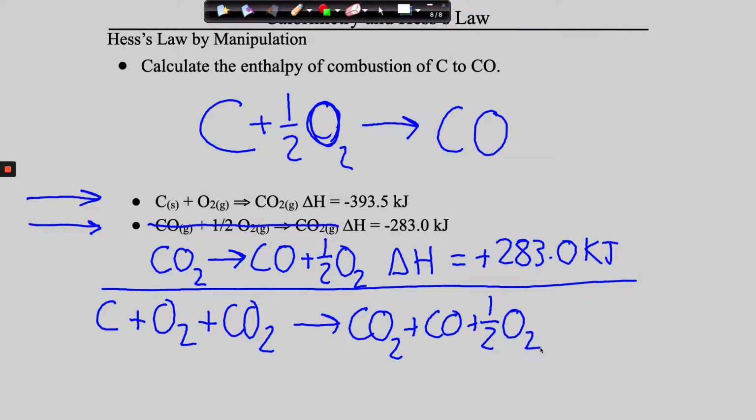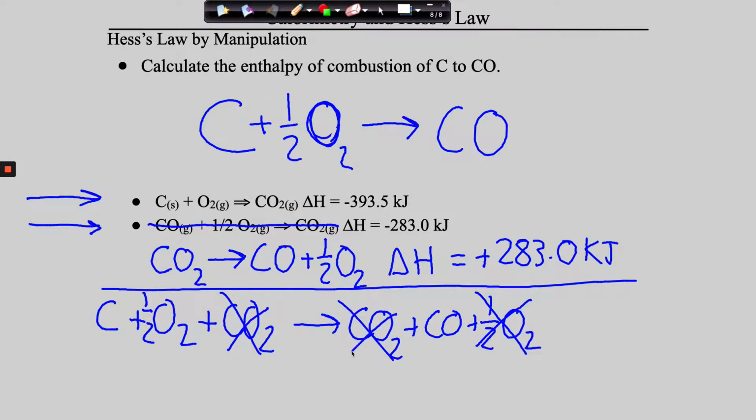All right, now guys, do you see the magic? Let's start canceling stuff out. We've got a whole mole of oxygen over here. We've got 1/2 mole of oxygen over here. Subtracting 1/2 mole of oxygen from both sides, there it's gone, and this leaves us with 1/2 mole. Then, guys, here we've got a whole mole of CO2 and a whole mole of CO2. So those are gone.